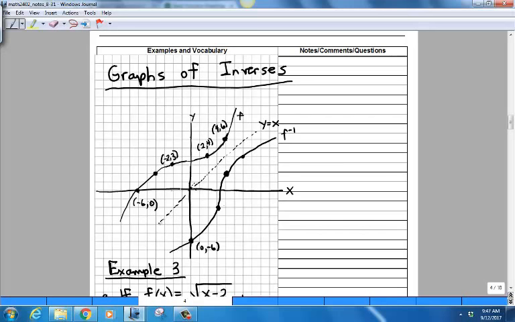When I flipped all those coordinates, that had the effect of rotating this curve around that line y equals x. So the graph of the inverse is the mirror image of the original graph, reflected across the line y equals x. That's what graphs of inverses look like.